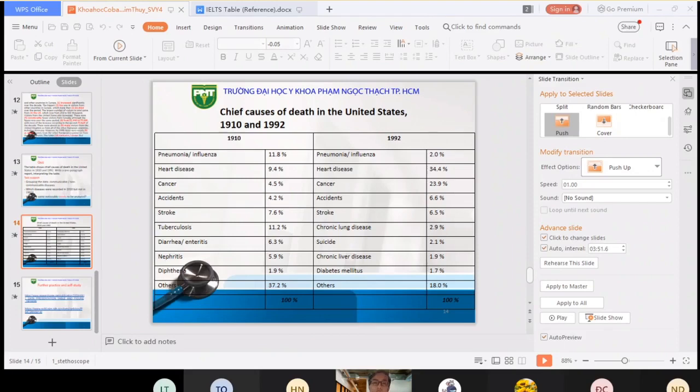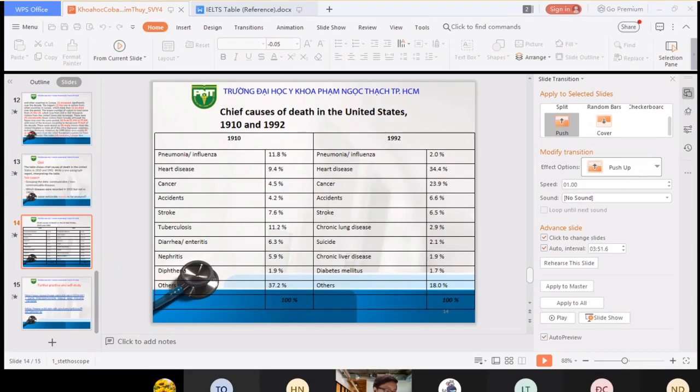Who can volunteer and read your description of the year 1910? What's your name? My name is Tai. Okay, let's go, Tai. In 1910, in communicable disease causes, pneumonia was the most common cause leading to death of American citizens at 11.8%, followed by tuberculosis at 11.2%.